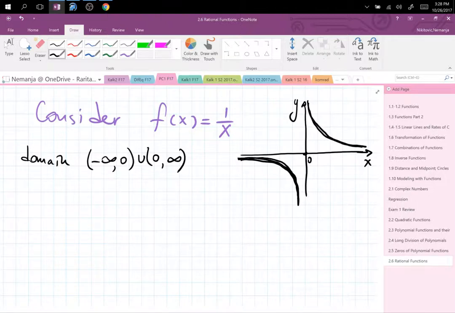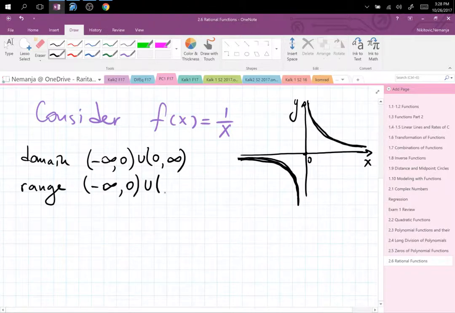How about range? Same thing, very good. You can see that it works the same, except it's vertical. Not including 0, everything else is just fine.